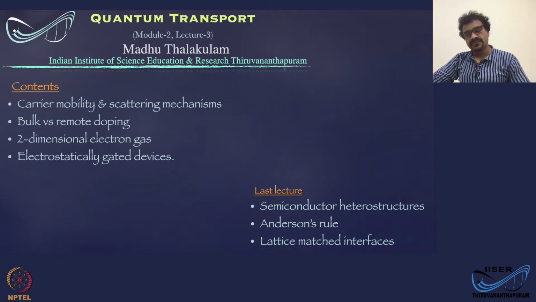So today in this lecture we will cover carrier mobility and scattering mechanisms of charge carriers and the importance of that, the difference between bulk and remote doping, the formation of two-dimensional electron gas, and some technology, very briefly, of how you make quantum devices on these two-dimensional electron systems or electron gas.